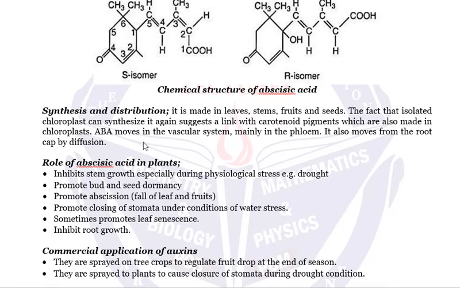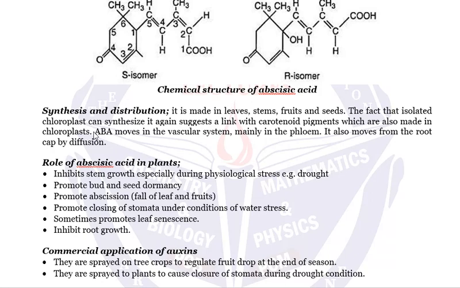Now let's see the synthesis and distribution of abscisic acid. It is made in leaves, stems, fruits and seeds. The fact that isolated chloroplasts can synthesize it suggests a link with the carotenoid pigments, which are also made in chloroplasts.